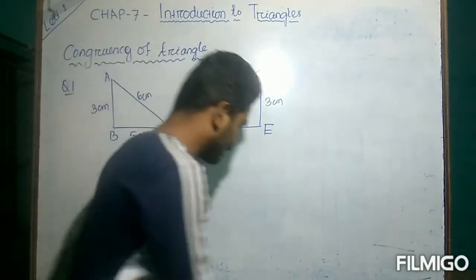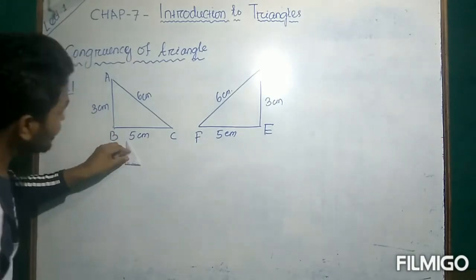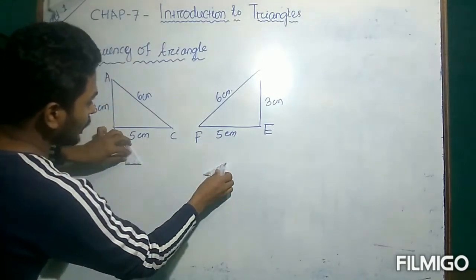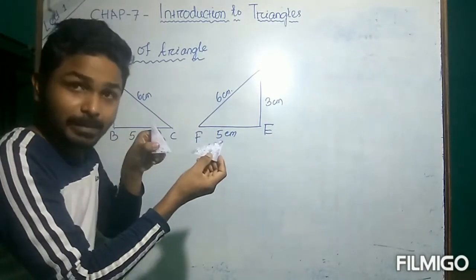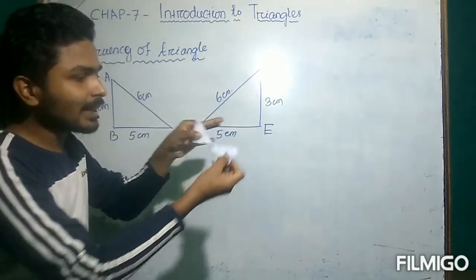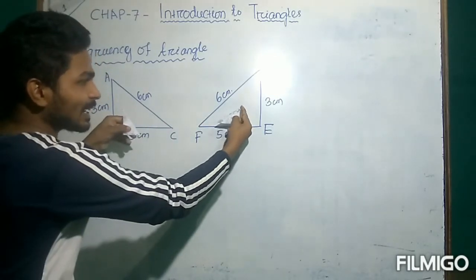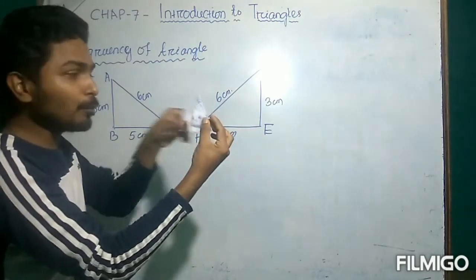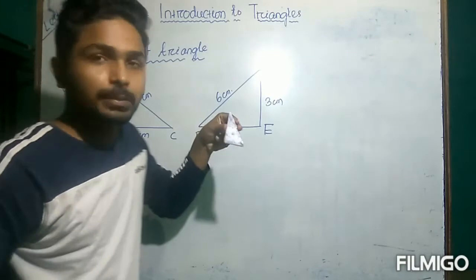Why? See. If you take this triangle like this and another triangle like this, though these two triangles seem to be of different shape, if you put this triangle here and rotate it like this and put it over the other triangle, then what do you see?